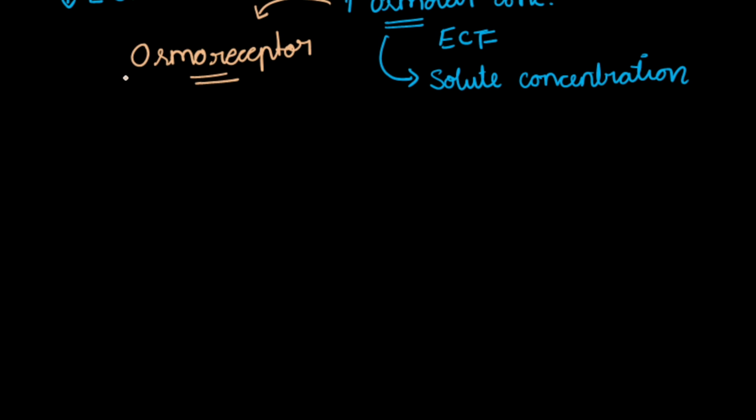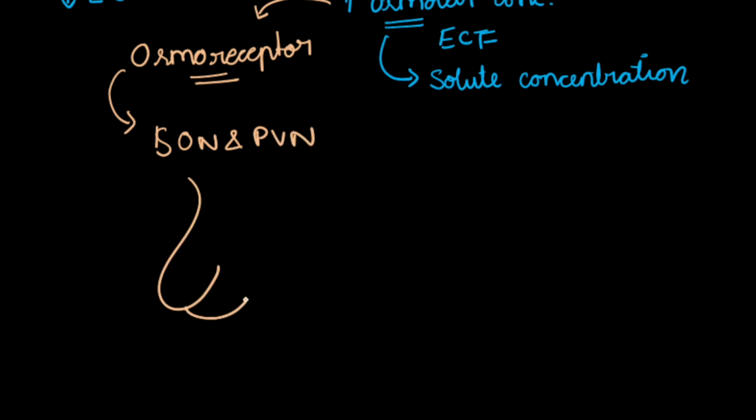Based on that, these osmoreceptors, which are present near the hypothalamus, stimulate the supraoptic nuclei and paraventricular nuclei of the hypothalamus, and because of the stimulation there will be secretion of ADH, which is released through the nerve endings into the posterior pituitary, and from the posterior pituitary the vasopressin or ADH is released into the blood.